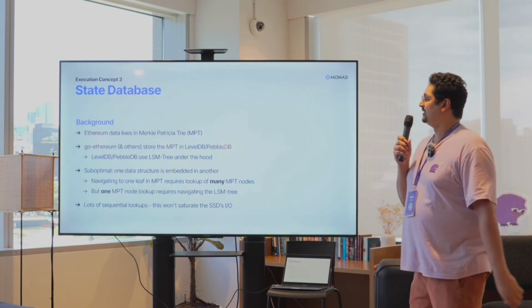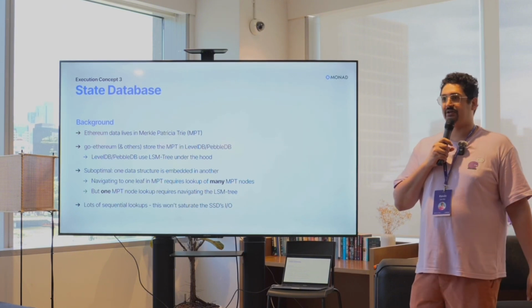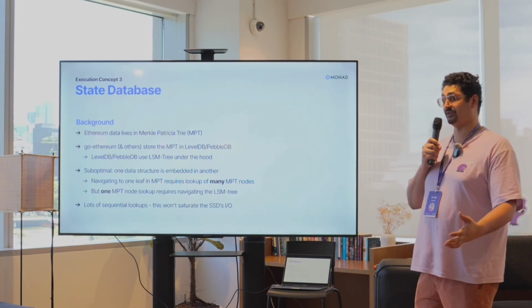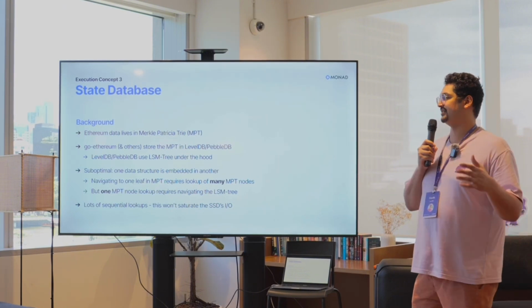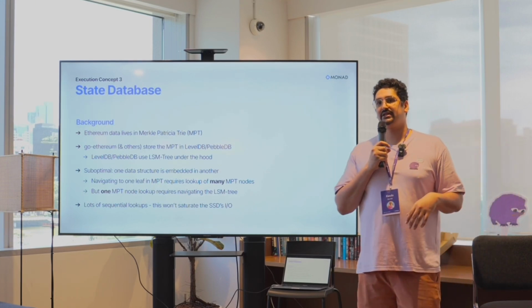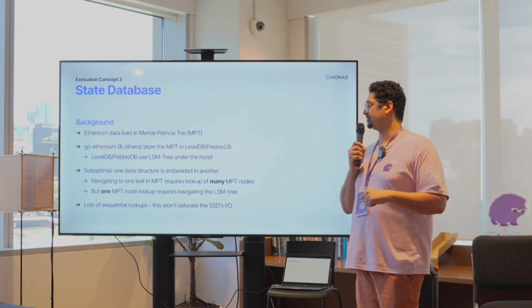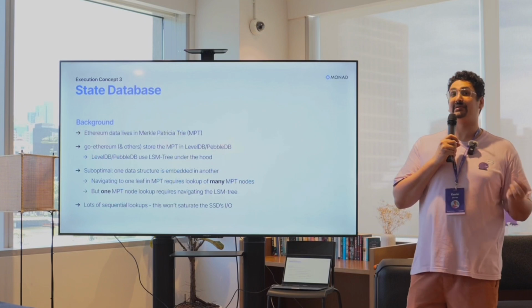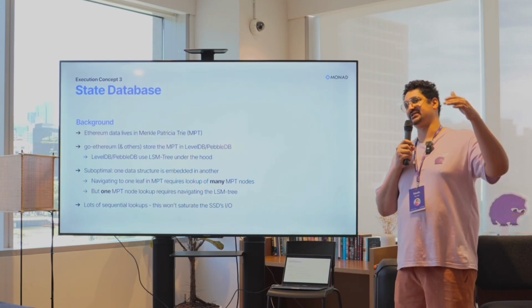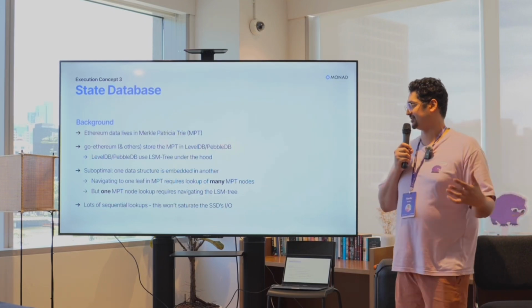So the other piece here is how Ethereum actually stores state. It stores state in something called a Merkle-Patricia trie. A lot of people call it a Merkle-Patricia tree because it's a tree structure. The technical term is a trie.